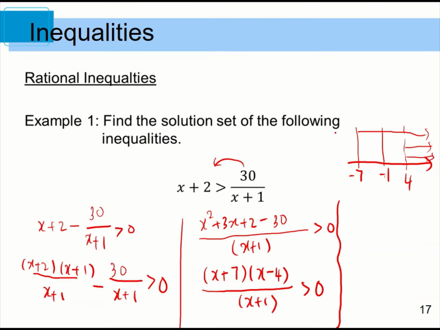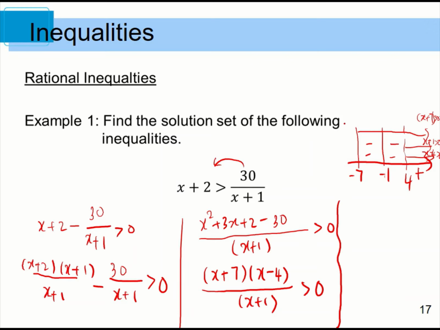So this is x plus 7 greater than 0 on the line here. This one refers to x plus 1 greater than 0. And this is x minus 4 greater than 0. Then we will repeat the same thing.